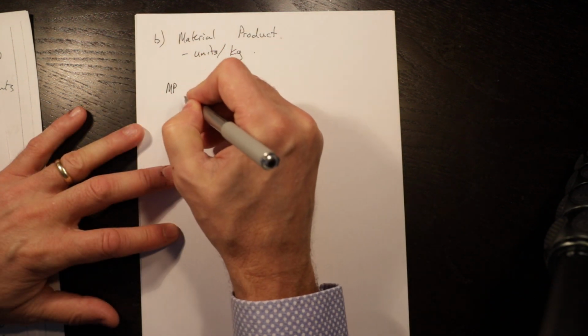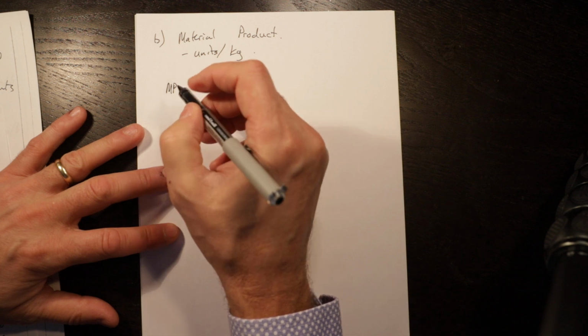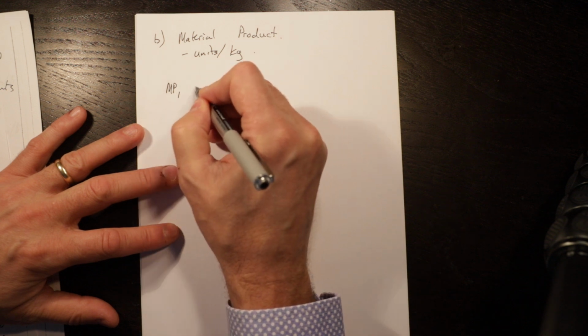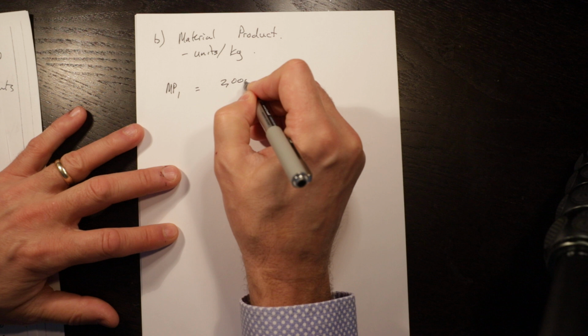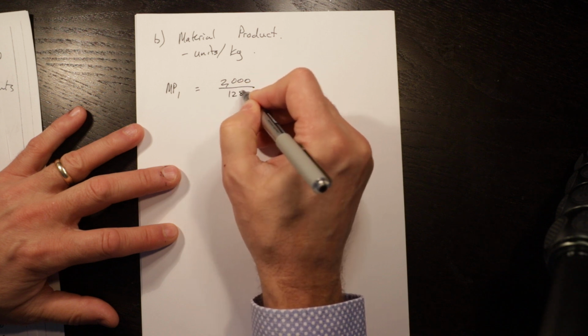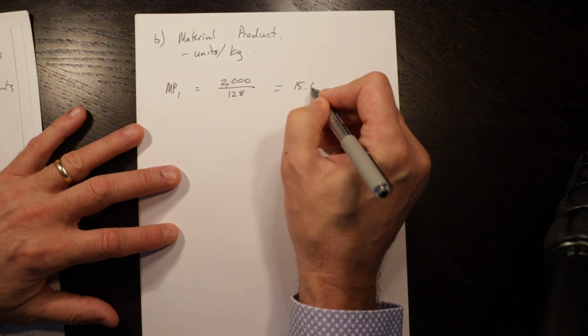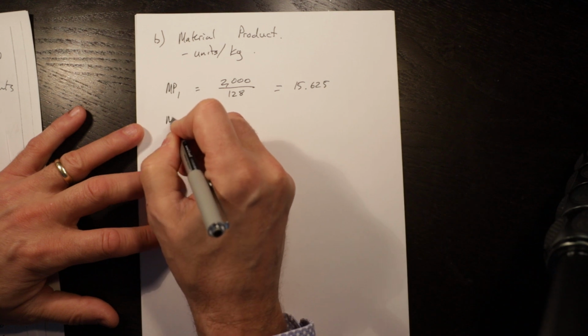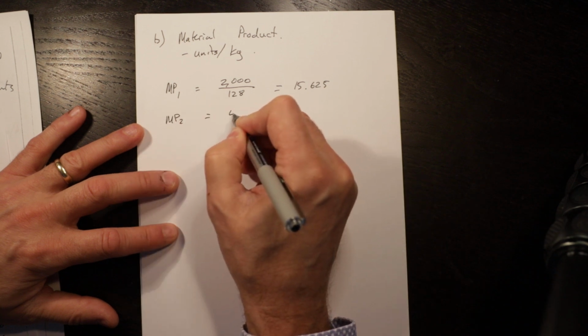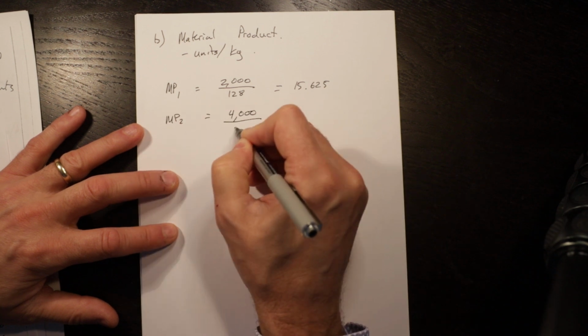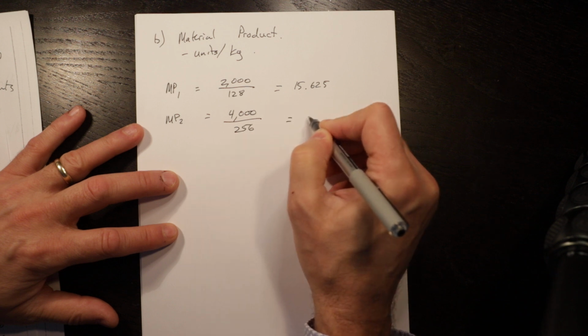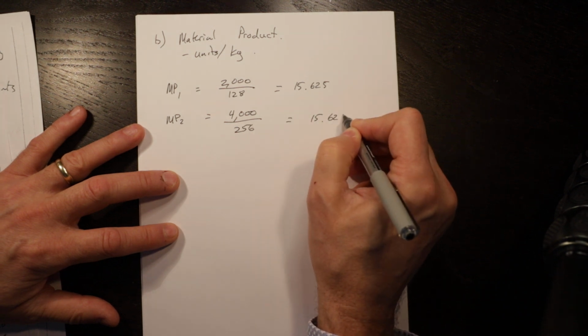So material productivity 1 is equal to 2,000 divided by 128 kilos is equal to 15.625. MP2 is equal to 4,000 divided by 256 is equal to 15.625.